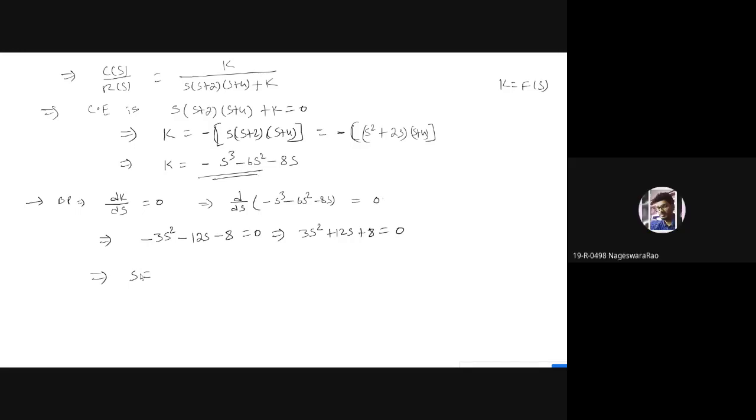Minus 6 plus or minus 2 root 3 by 3. Okay, tell me the direct values. Two values will come, tell me those.